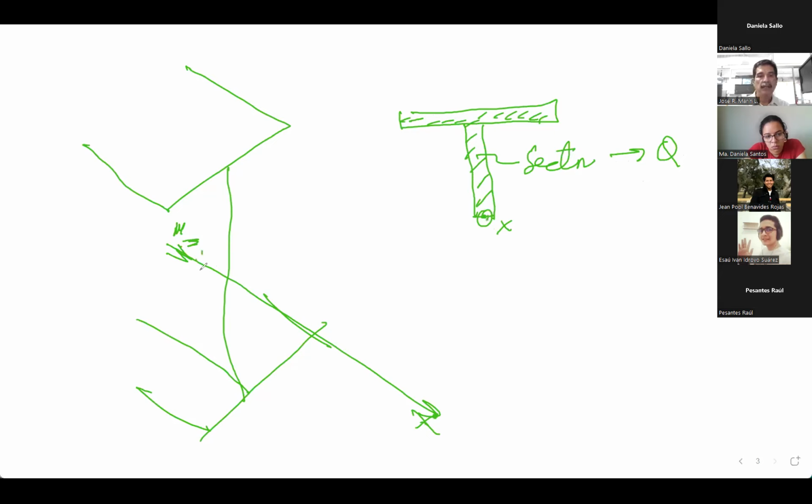So this is the element that you are considering, right? So you are going to calculate gamma xy, gamma yx, using the elongations in x, in y, and at 45.